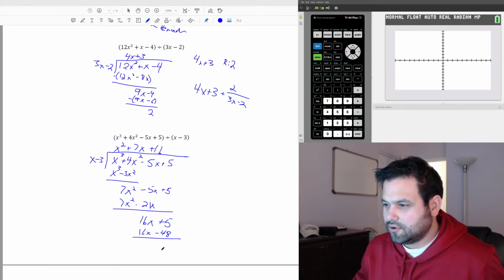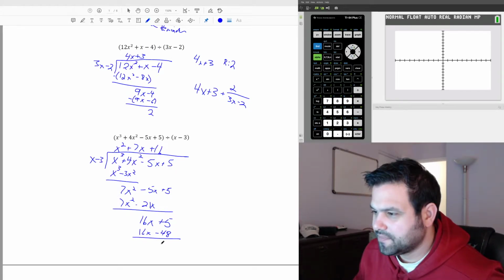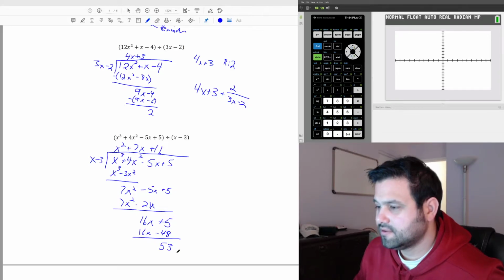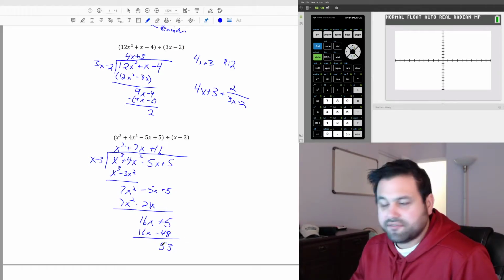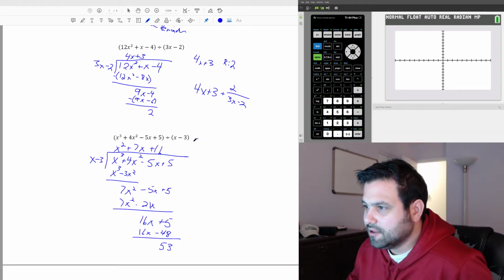And so it looks like 53. There we go. So we have a remainder of 53. And so our answer to this problem is x squared plus 7x plus 16 plus 53 over x minus 3.